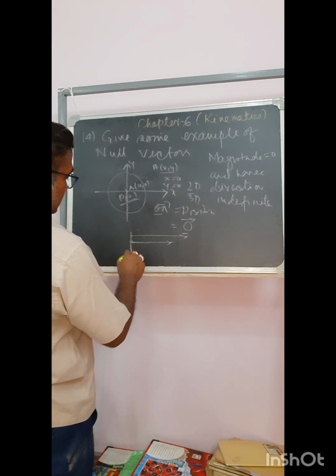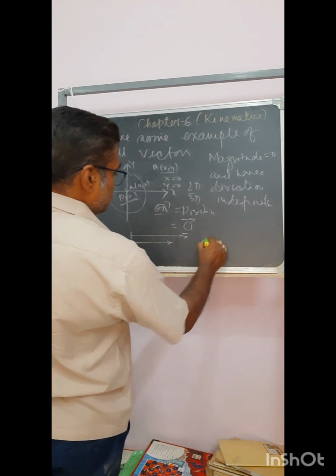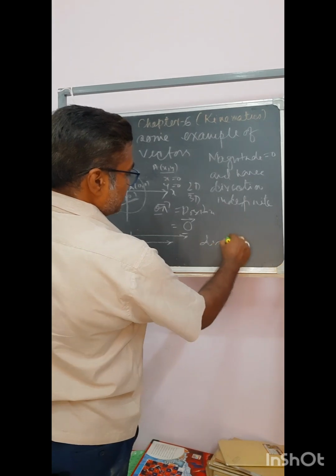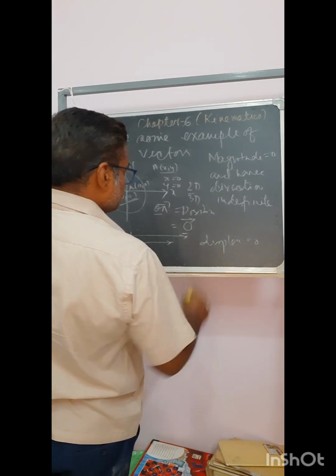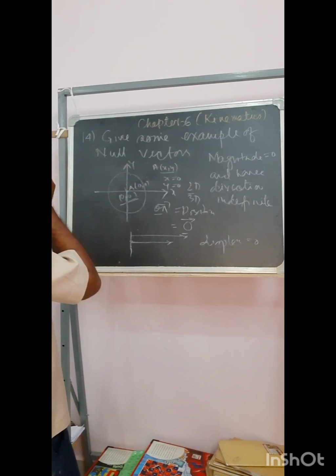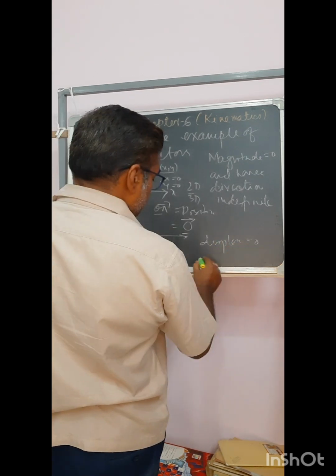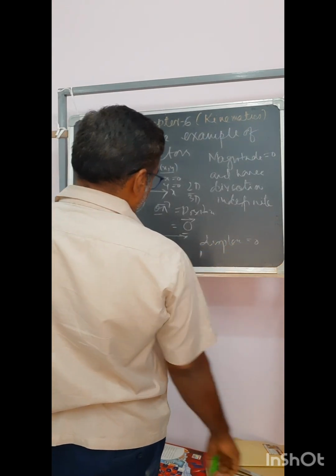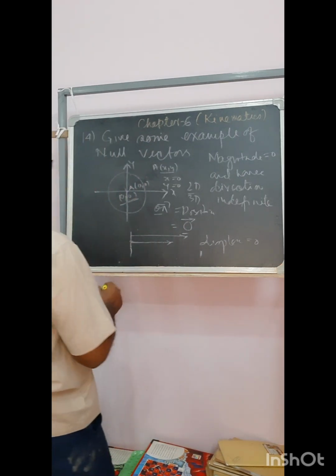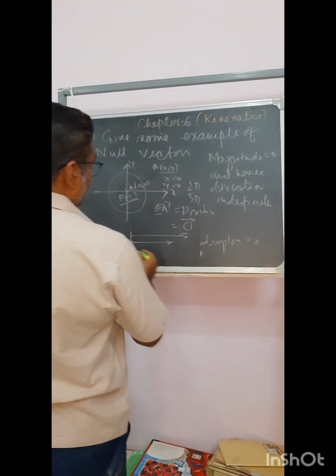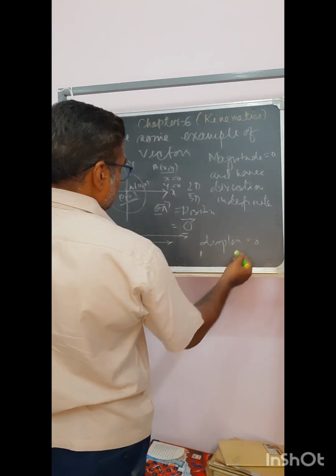So in this case his displacement is 0. That means the starting point and the end point are the same. So this is also an example of a null vector, where there is no value of displacement.